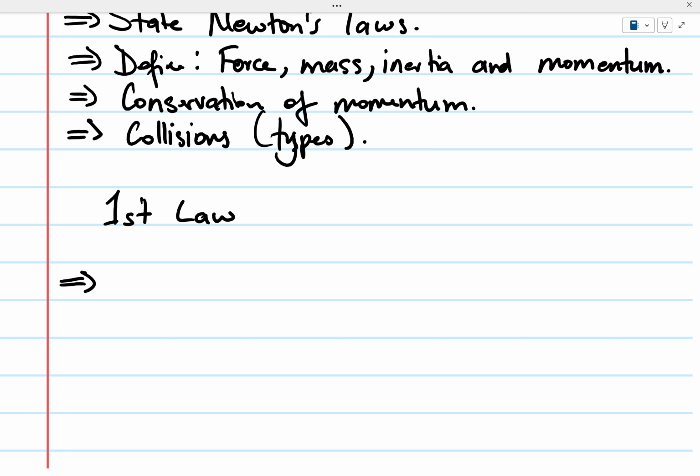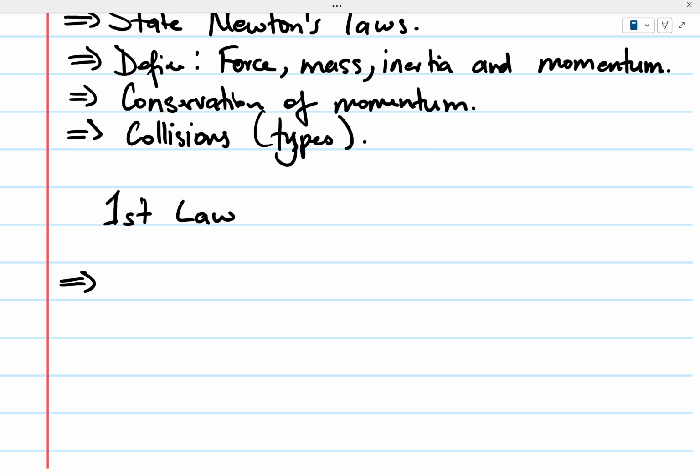A body will remain at rest until acted upon by an external force. All right. So we're saying that a body at rest will remain at rest, or a body in motion will remain in motion, unless acted upon by an opposite force or some outside force.